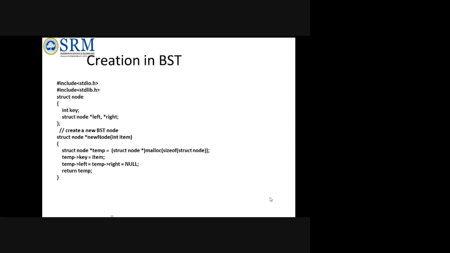So now creation of BST will be, see here, as in your linked list, you have int key, which means there is data. Here the term given is key, but you can give data or value or whatever, as you know it in your linked list. And here 2 pointers, left and right. There you would have had only 1 pointer, next. In a doubly linked list you had previous and next.